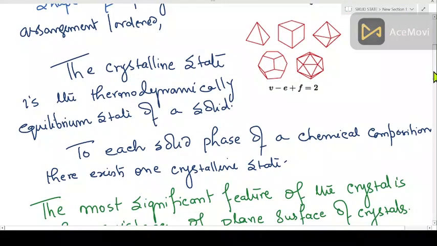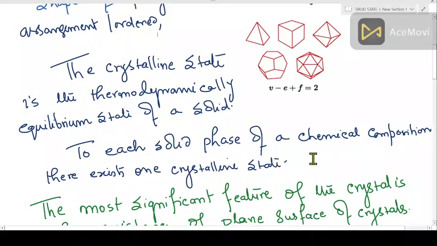The crystalline state is the most thermodynamically equilibrium state of a solid. When atoms come together under certain conditions of pressure and temperature, like the crystals that are formed in nature under high temperature and pressure, the most stable, thermodynamically equilibrium state is the crystalline state.